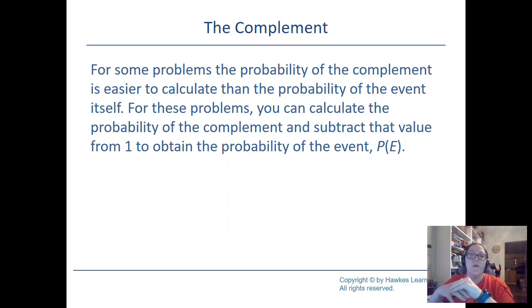In those cases, remember, the probability of any event plus the probability of the complement of the event should always add to 1. Therefore, the probability of our event is going to be 1 minus the probability of the complement. And that's literally me just doing a little bit of math.